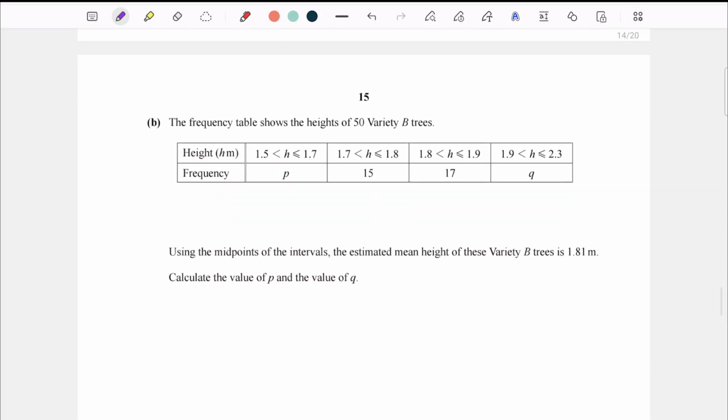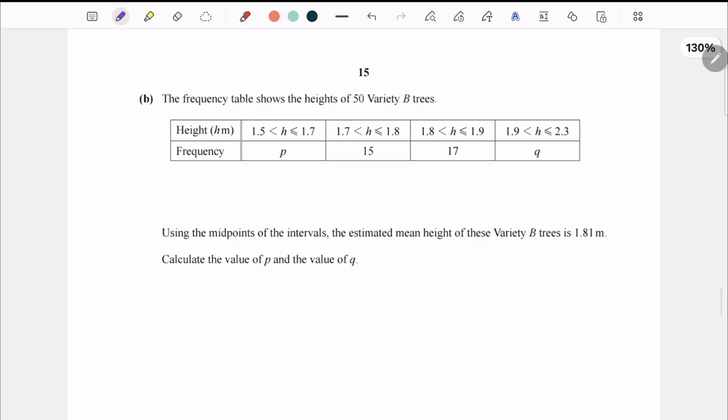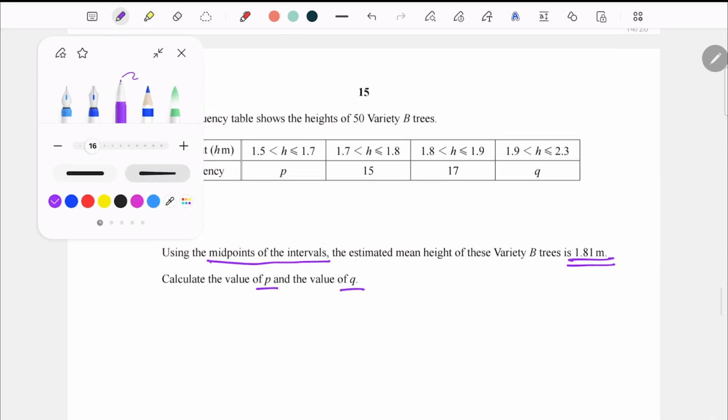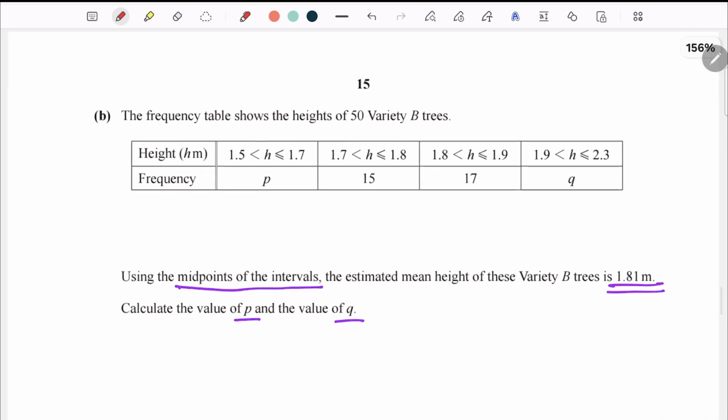In part B, the frequency table shows the heights of 50 variety B trees. Height is given, frequency is given. Use the midpoints of the intervals. The estimated mean height of these variety B trees is 1.81 meters. Calculate the value of p and q. So first I'm going to find the midpoint of the intervals.